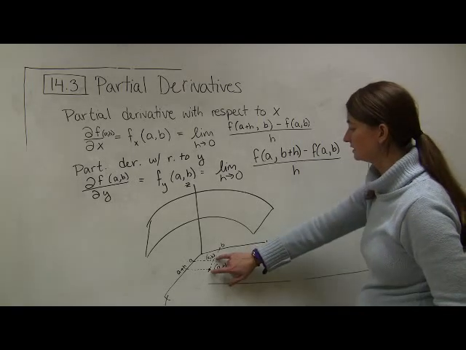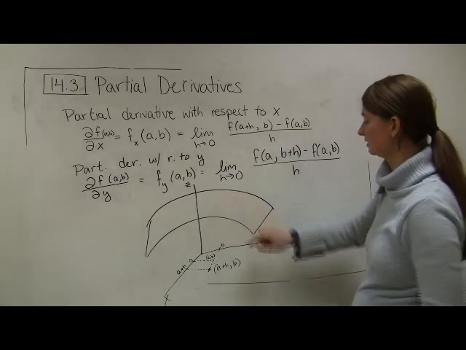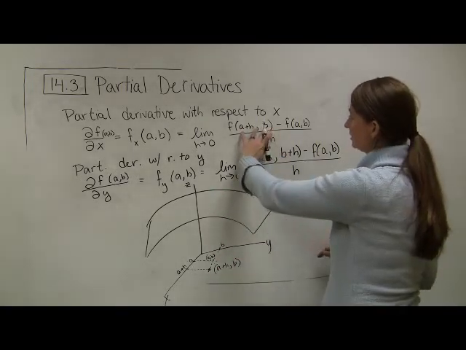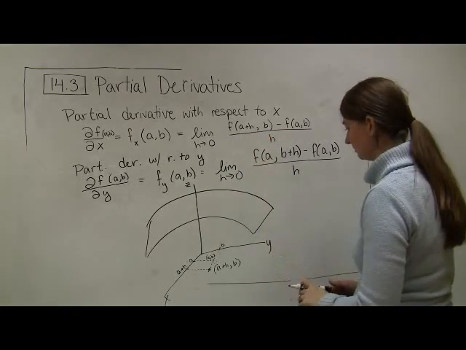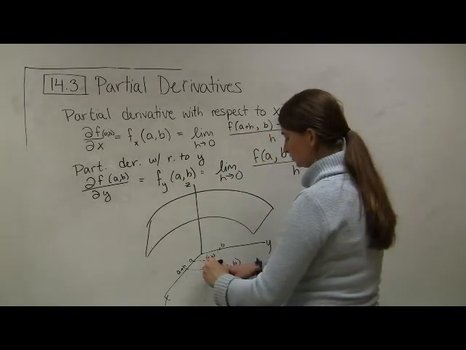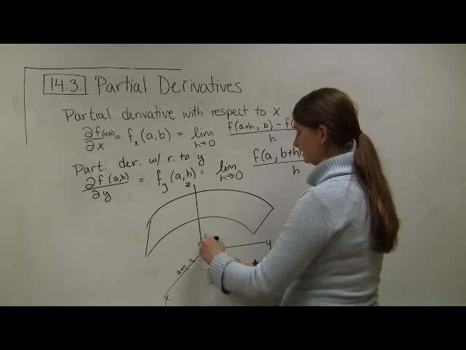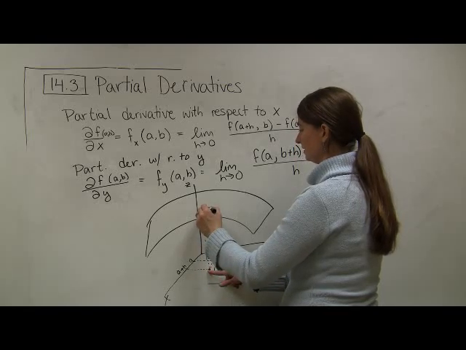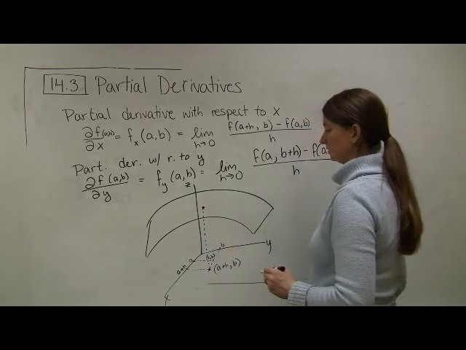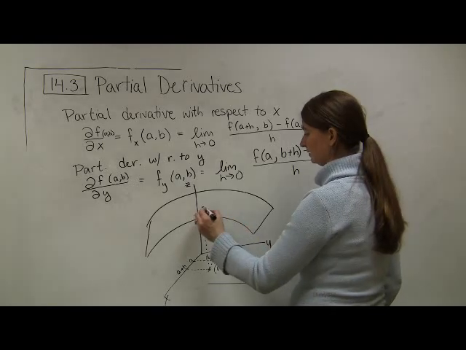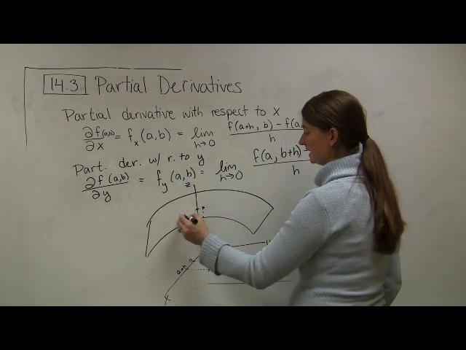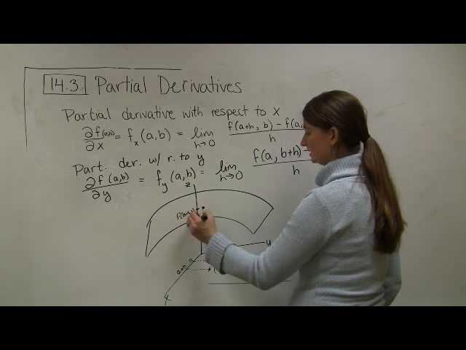And I'm evaluating these points up here at their functional values, because f of a plus h comma b is what happens when I plug this point into the function. So here's my point. My output is going to be at a height of f of a plus h comma b.